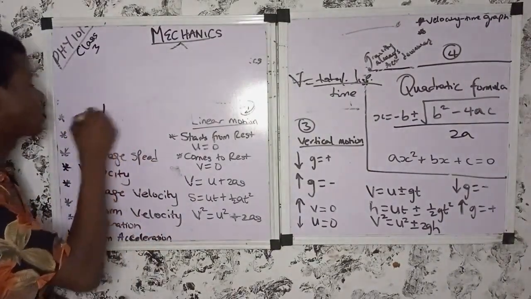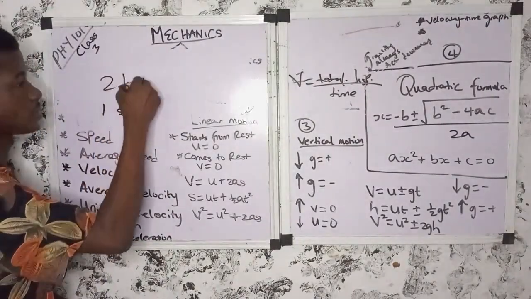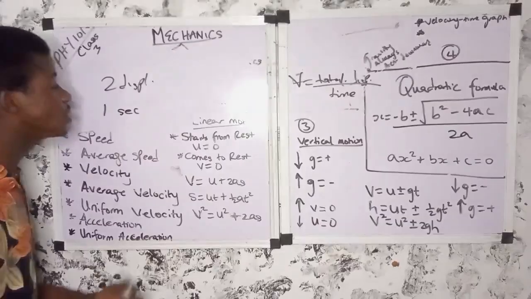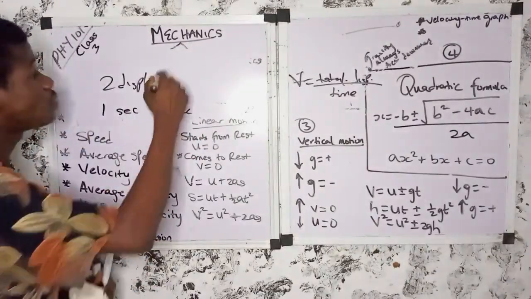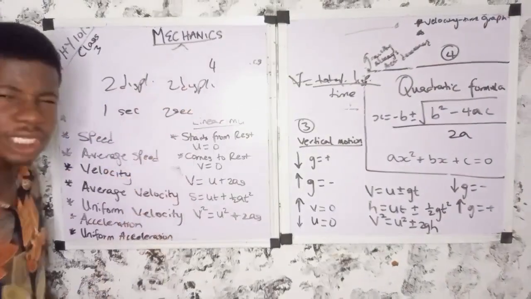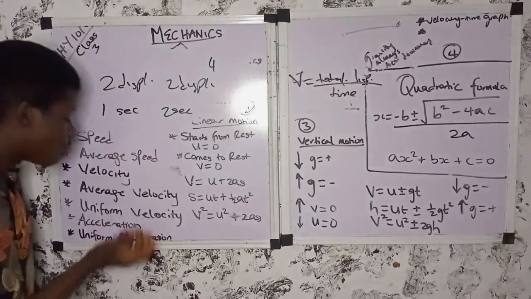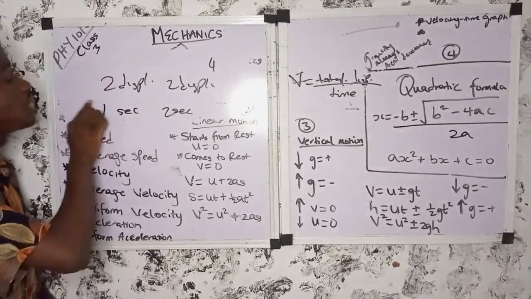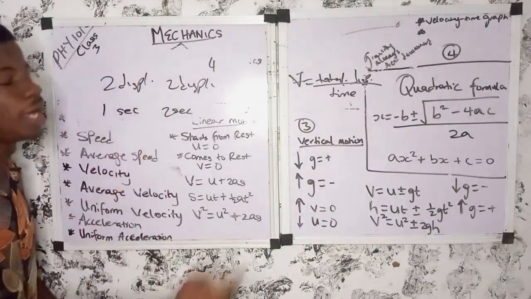Let's say in the first second, it travels what? Two displacements. Now, what will it be in the second second? How many displacements will it travel? It will also travel two displacements, making it 4 displacements. I don't know if you understand. So this is trying to tell you that uniform velocity is when a body travels equal displacement in equal time interval.